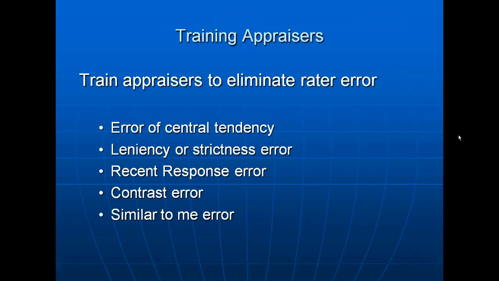These are the 5 errors that we need to train appraisers to eliminate. Because without eliminating these specific errors, we'll have very, very inaccurate feedback or very inaccurate appraisal of the feedback.